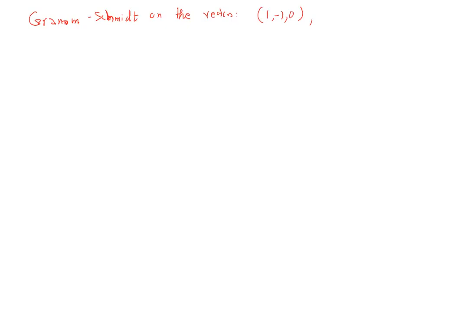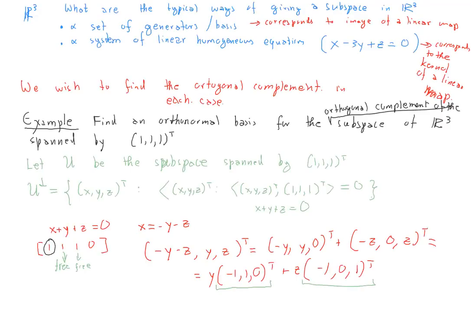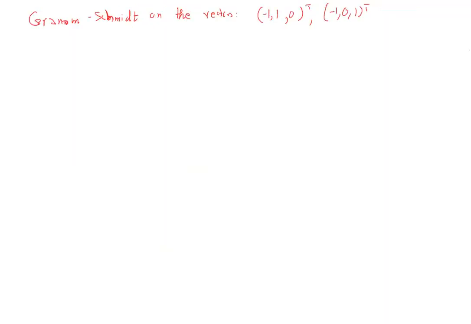Yeah, I need to go back to the previous slide because, as you can see, I don't remember the vector. So I will do this. And -1, 0, 1. Okay, so I want to do Gram-Schmidt on these two vectors. So here's the previous slide. Okay, so let's do our Gram-Schmidt.